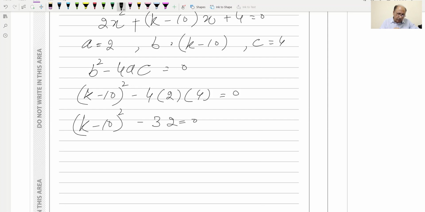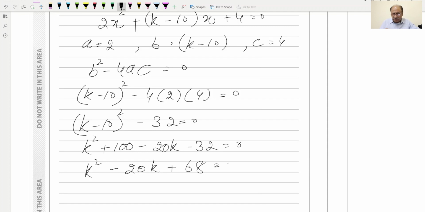Now we can open this square, so it will be k squared plus 10 squared, which is 100, minus 2 times 10, which is 20k, minus 32 is equal to 0. So this will be k squared minus 20k, and then 100 minus 32 will be 68, plus 68 is equal to 0.